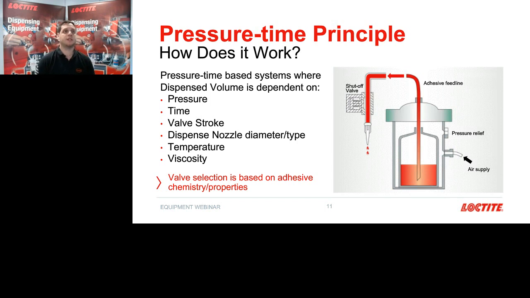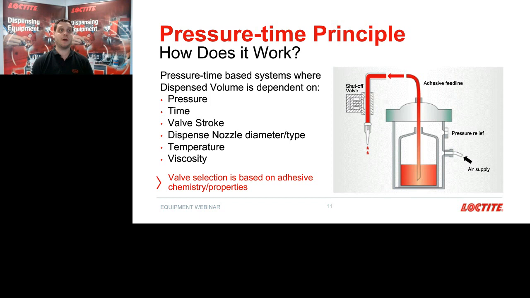Now with a pressure time based system, the amount that you get dispensed is dependent on a few factors, and those factors are pressure. If you increase the pressure, you will get an increase in flow of adhesive. Vice versa, if you decrease the pressure, then you will get a reduction of flow. Likewise with time, if you're dispensing for a longer period of time, then you will obviously get more adhesive than if you're dispensing for a shorter period of time.